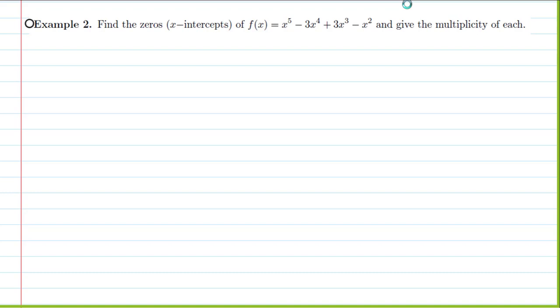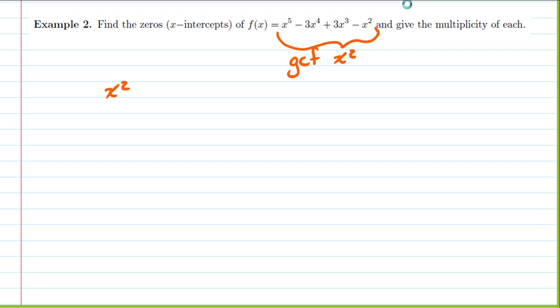So we need to factor this polynomial. So we look at our polynomial here, and the first thing we notice is that we have a GCF. So our greatest common factor is going to be x squared.